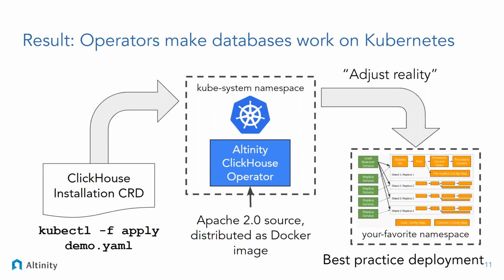It is Apache 2.0, and you load it into Kubernetes, and then once it's properly loaded and running, you can go ahead and give it these CRDs, these custom resource definitions. You just run the kubectl command, which is your standard way of sending commands to Kubernetes. It gets passed to the operator, and then the operator will do just this adjustment of reality that goes ahead and sets up the cluster for you.